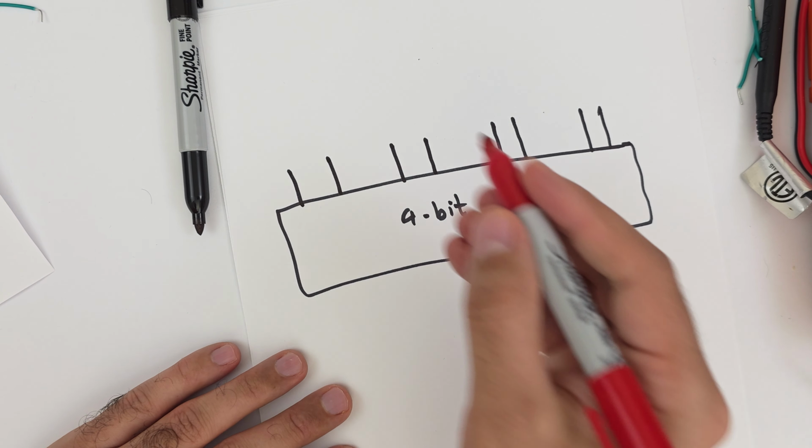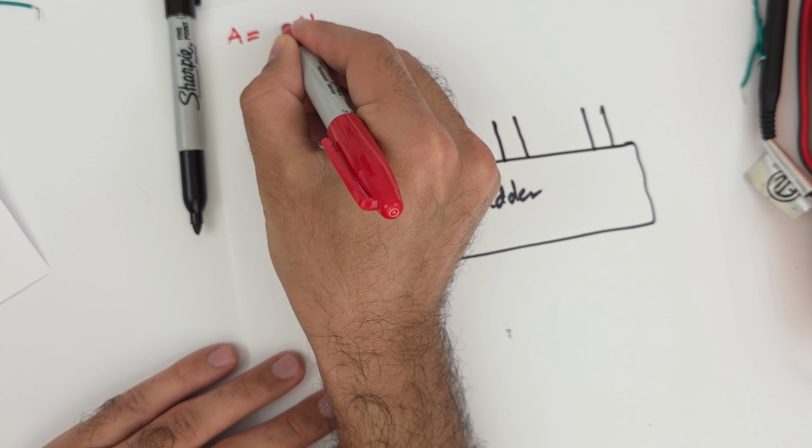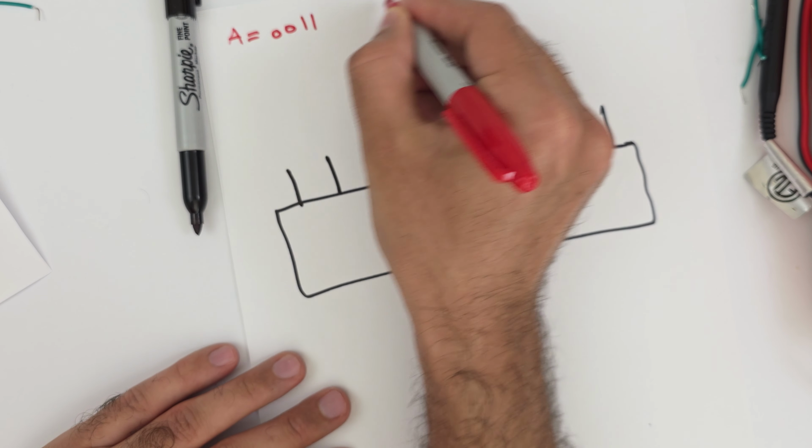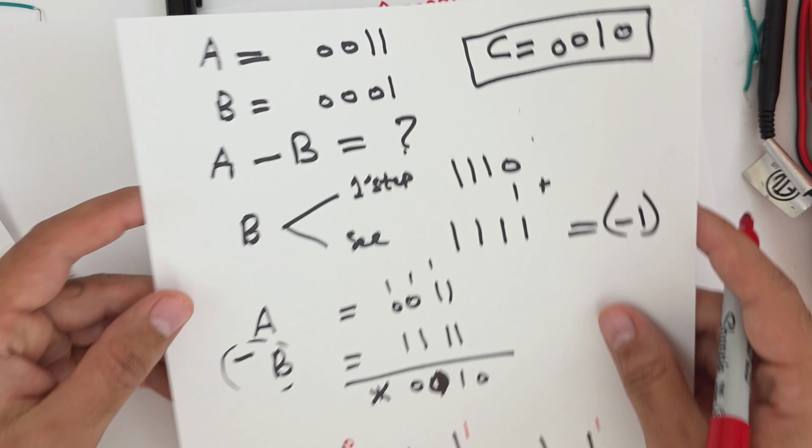So the values of A and B, if you remember, I'm going to write them here: A is 1, 1, 0, 0, and B is equal to 1, 0, 0, 0, and minus B is equal to 1, 1, 1, 1. These are the values from here.